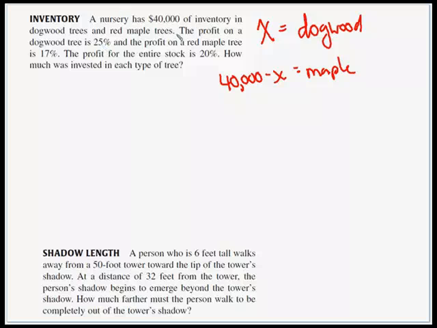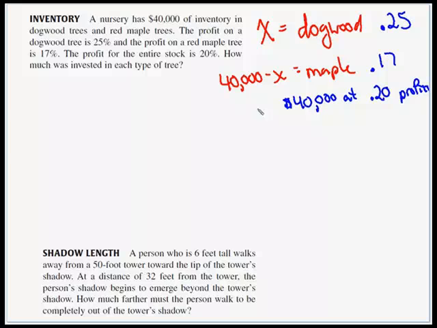The dogwood has a profit margin of 25%, or 0.25. The profit of a red maple is 17%, 0.17. And then we're going to have a total profit. The profit for the entire stock is 20%. Remember, we have 40 grand in inventory at 20% profit. And let's write that as a decimal. At 0.2 profit.